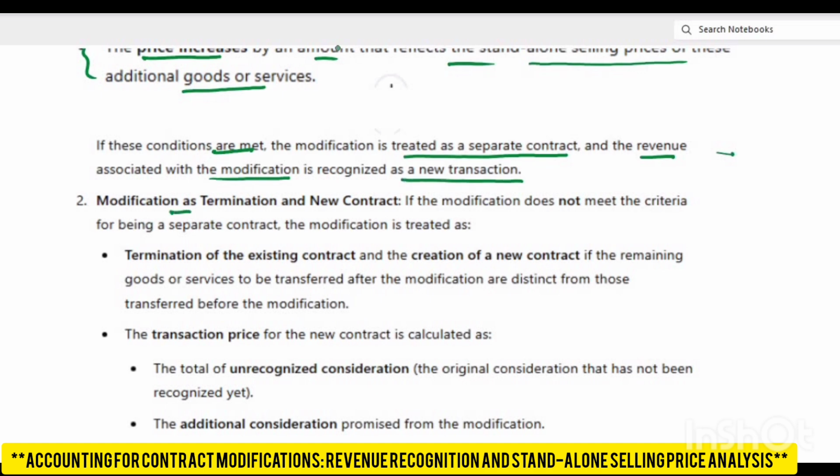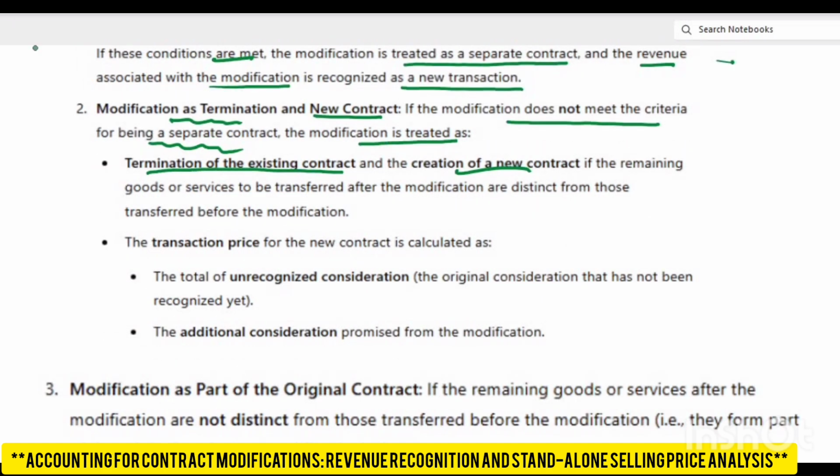Now, the second scenario: if the modification does not meet the criteria for being a separate contract, it is treated as a termination of the existing contract and the creation of a new contract. Clear?